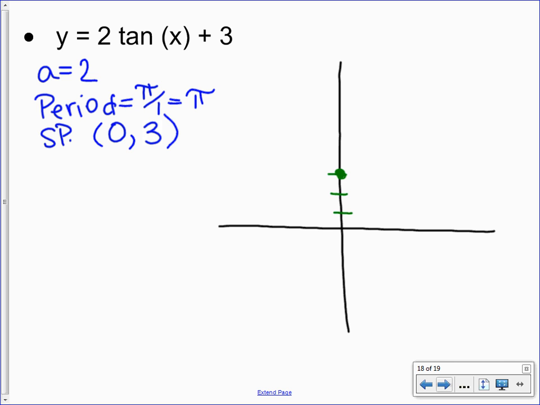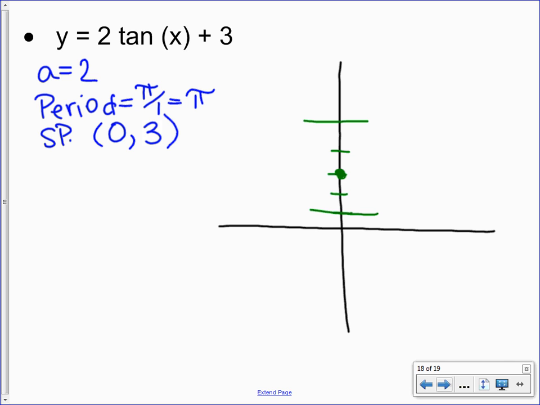Our frame, how do we draw our frame from our starting point? Let's talk about our A value. What do we do with our A value? We need to go up and down our A value. So we need to go up 2 and down 2. Okay? So that's how tall our frame is going to be. It's going to stretch from 1 to 5. How far over do I need to draw my frame?